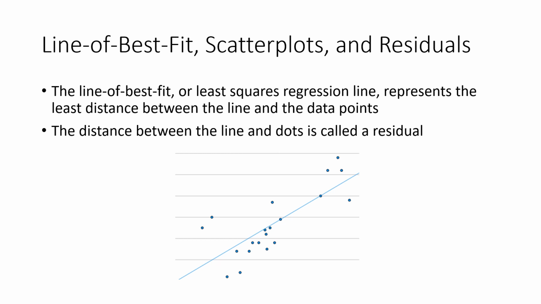And what this line represents is the absolute least distance between the line itself and every other data point in your data set. So what we're trying to do is to minimize the distance between the line of best fit and the data points in your data set. So there is one line that you can draw through these data points that will represent the line of best fit.